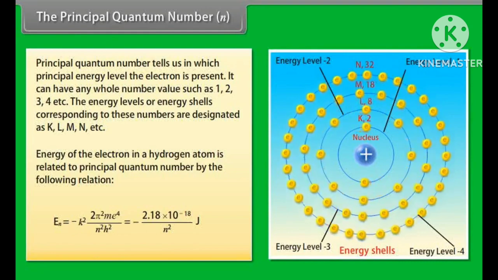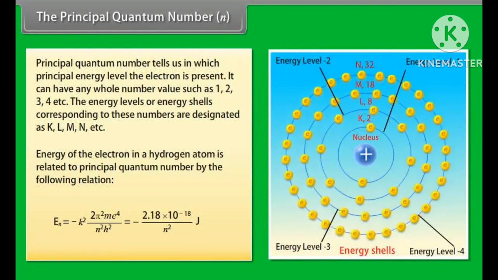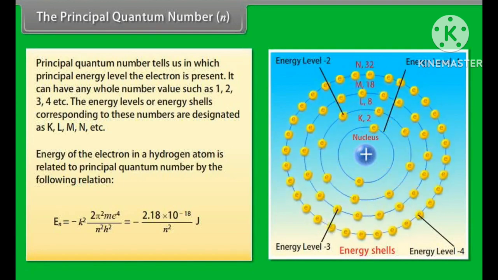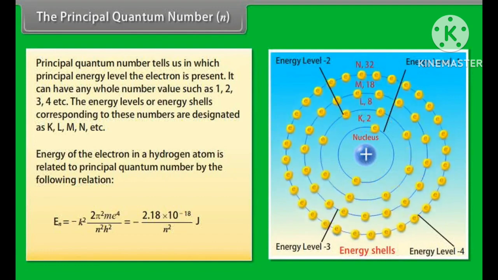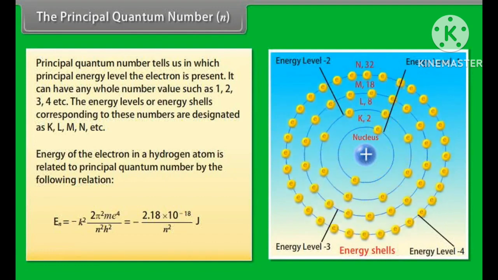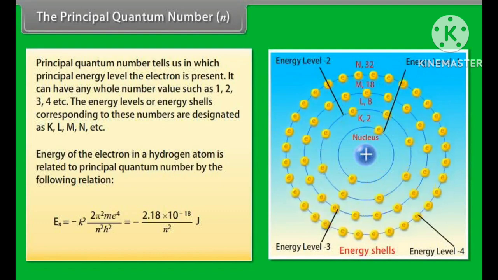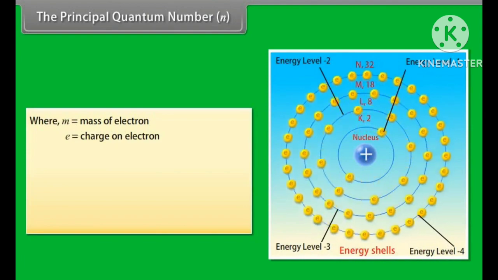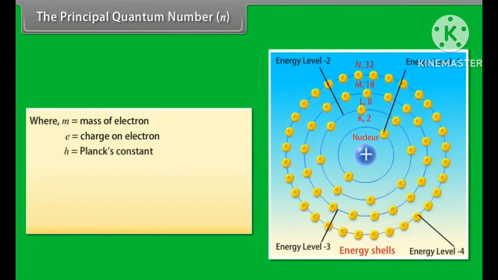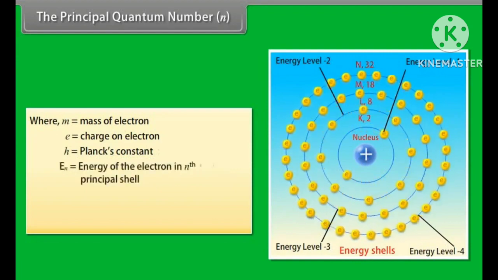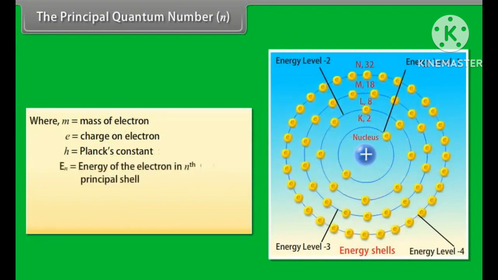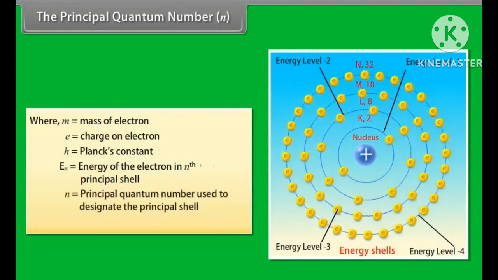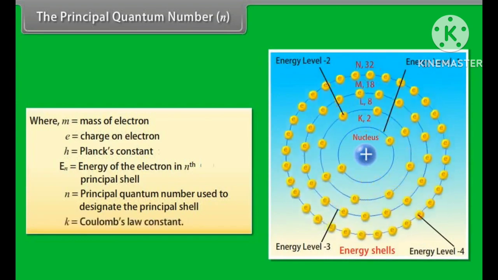En = −k²·2π²·m·e⁴ / (n²h²) = −2.18 × 10⁻¹⁸ / n² joule, where m is the mass of the electron, e is the charge on the electron, h is Planck's constant, En is the energy of the electron in the nth principal shell, n is the principal quantum number used to designate the principal shell, and k is Coulomb's law constant.